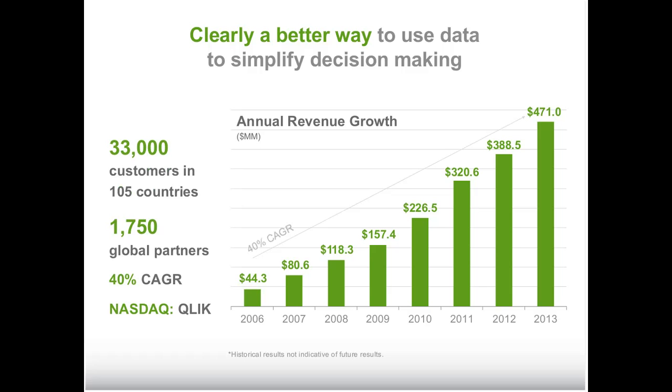And we think this is a testament to how this kind of approach is being very well received in the marketplace. Qlik is now up to 33,000 customers in 105 countries. We have an extensive global partner network with over 1,700 partners. And to find out more about the financial strength of Qlik, you can get all the financial information by using the ticker symbol Qlik.